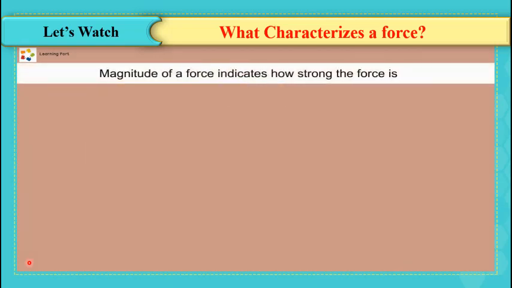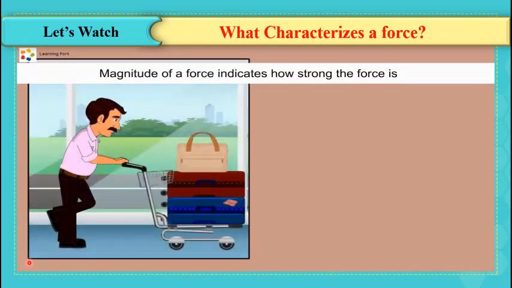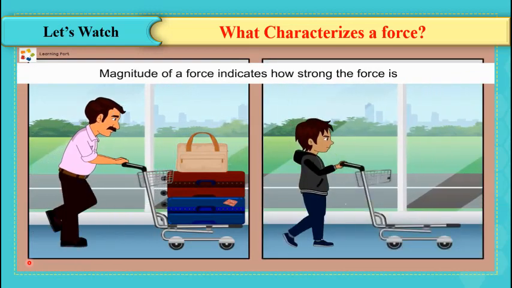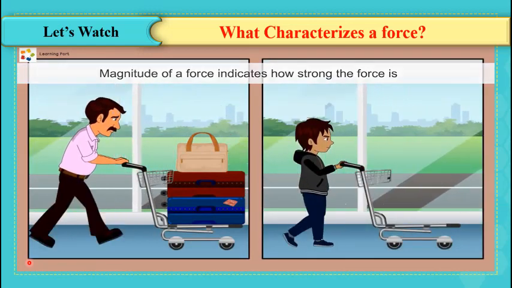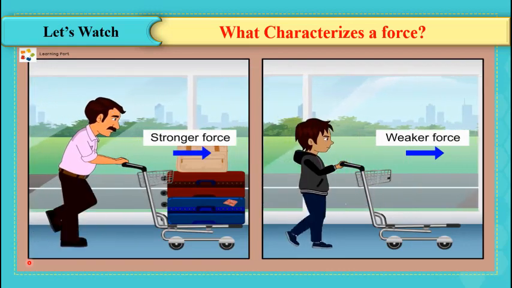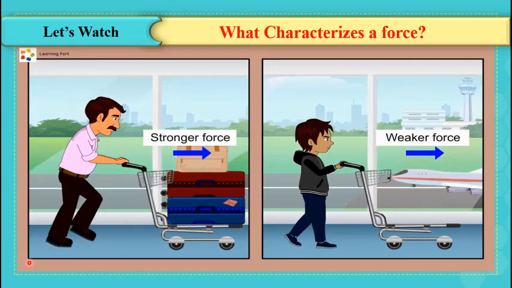The magnitude of a force indicates how strong the force is. For example, this man is pushing a trolley with many large bags on it, while this boy is pushing an empty trolley. The man needs to apply a stronger force in order to move his trolley.